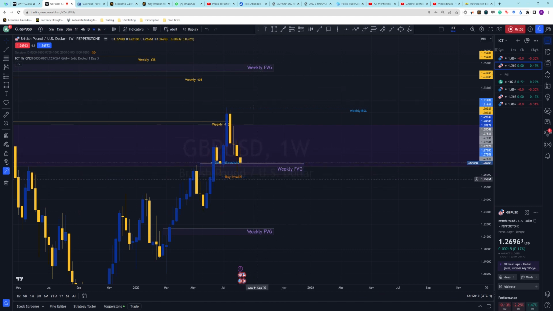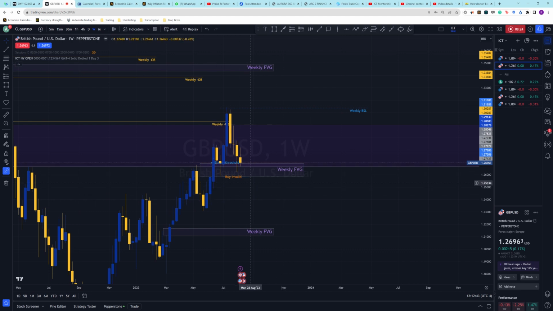We have this weekly fair value gap that has just been mitigated, or has it? Because I just realized that it's not on there. So it has not been fully mitigated yet. The high here is 25904, and the low here is 25909. So we have not yet mitigated that. It's almost there.